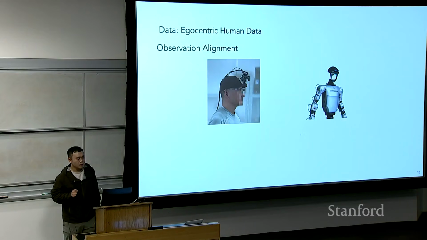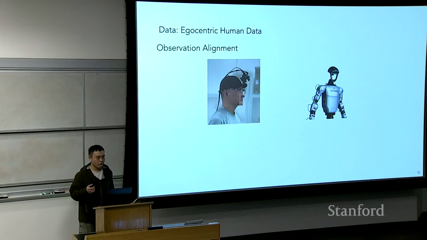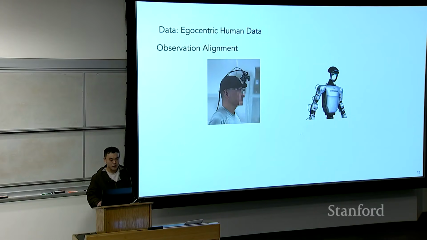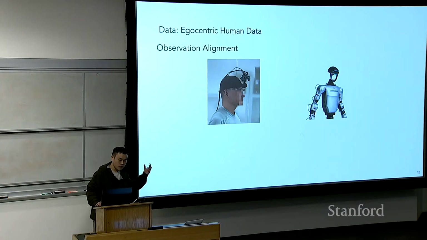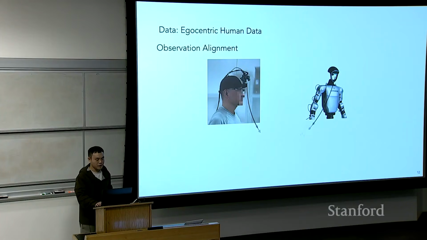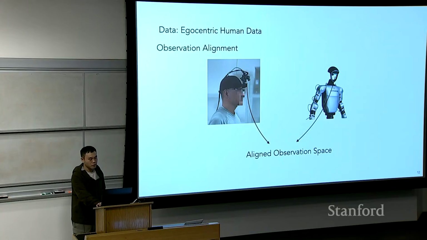The other reason why we want to use this egocentric human data is that we have good observation alignment. If you look at the captured images, they are more or less from the same viewpoint as the humanoid robot. So there is a natural alignment in the observation space, and we don't have a large observation gap.